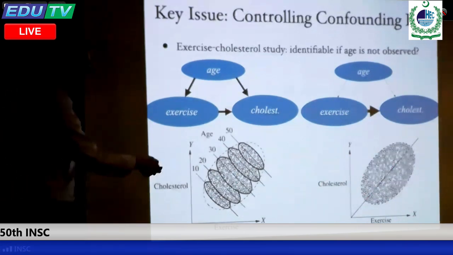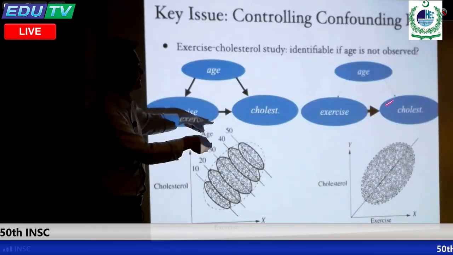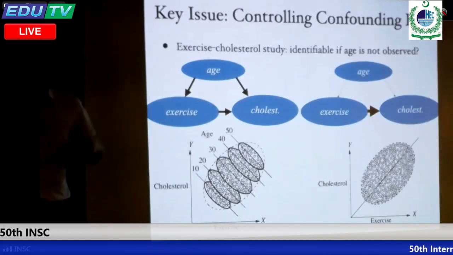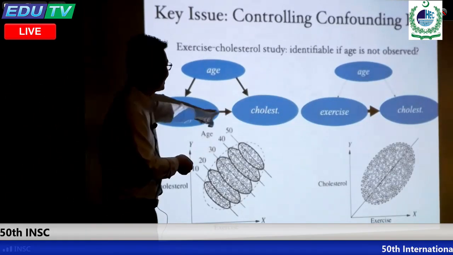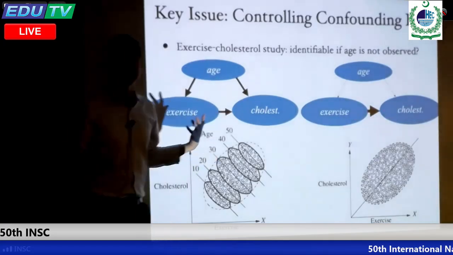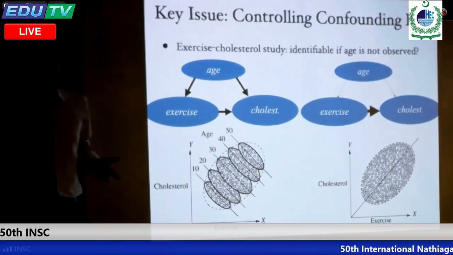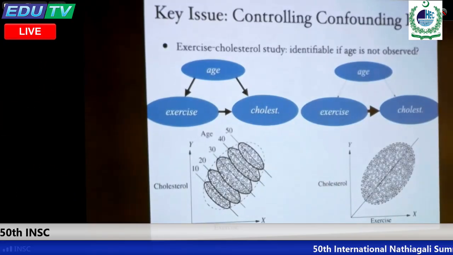Because with the same distribution and the same structure, the parameters can be very different. They can give the same distribution of the observed variables. As a consequence, they correspond to very different parameters. It makes no sense to identify the effect on cholesterol. So it's not identifiable if age is not observable.